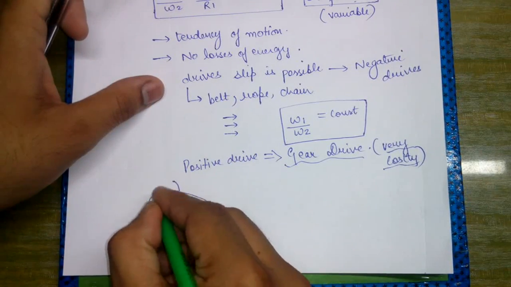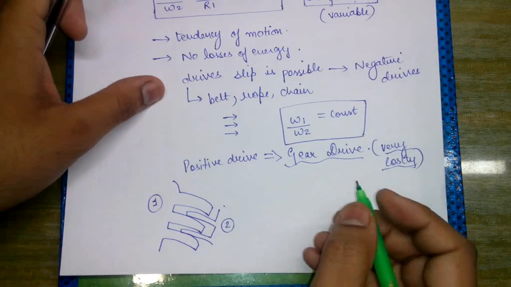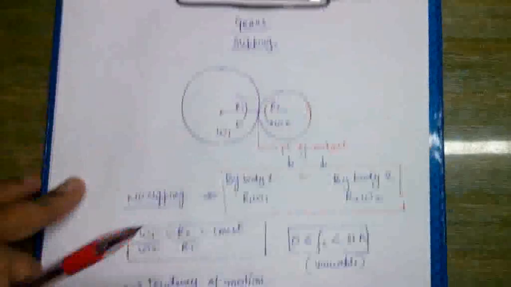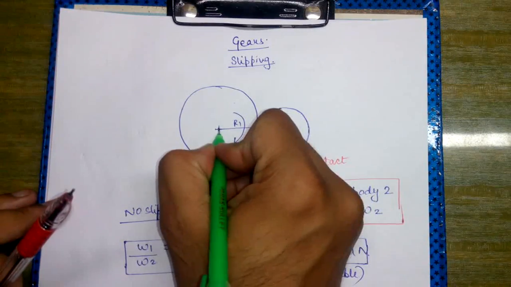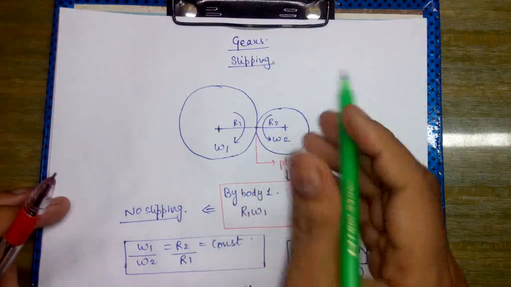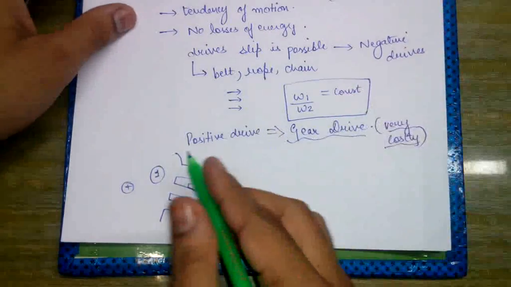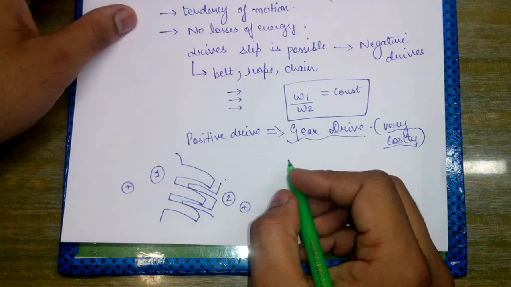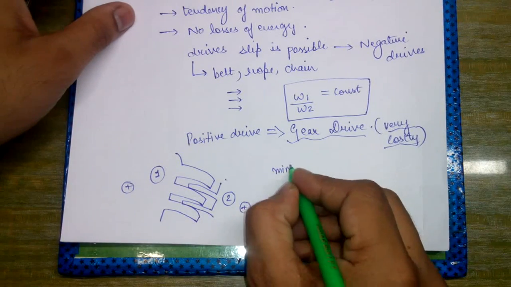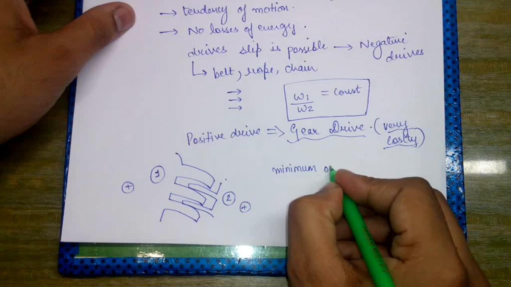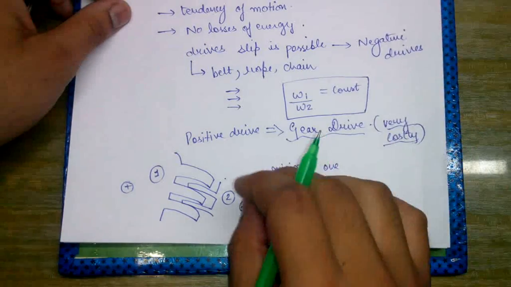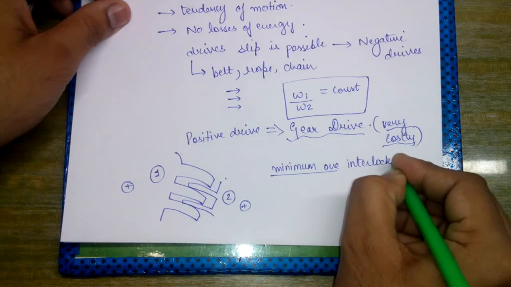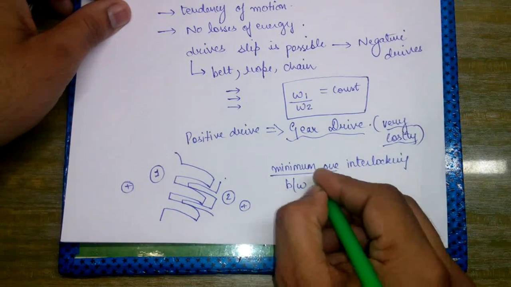So this was corresponding to the first body and this is corresponding to the second body, and the plus represents the center of these bodies. If we look closely, the outer peripheral surface is actually composed of these structures called teeth. And we see that minimum one interlocking between the teeth is always present.